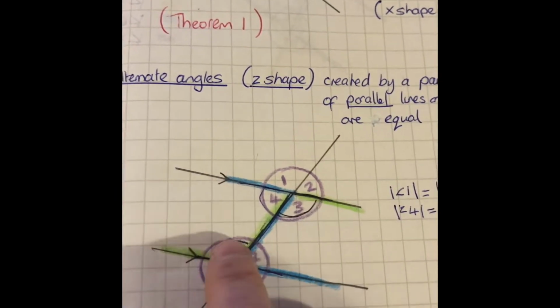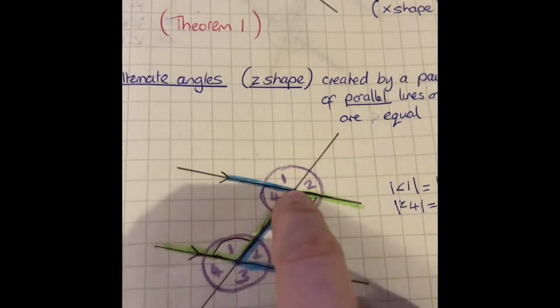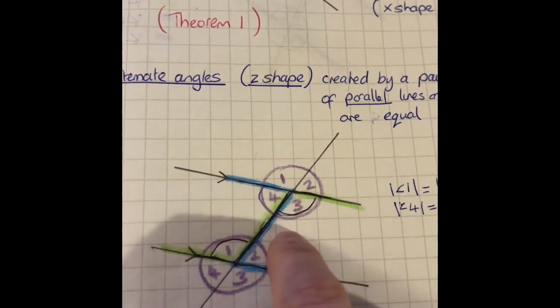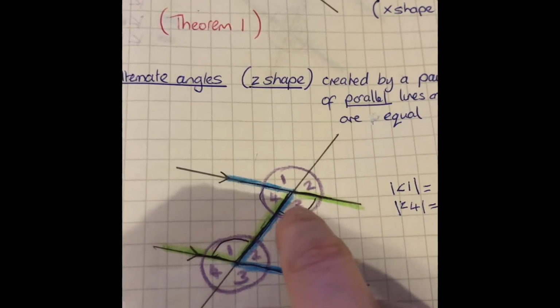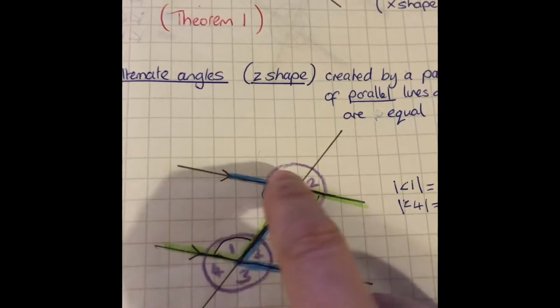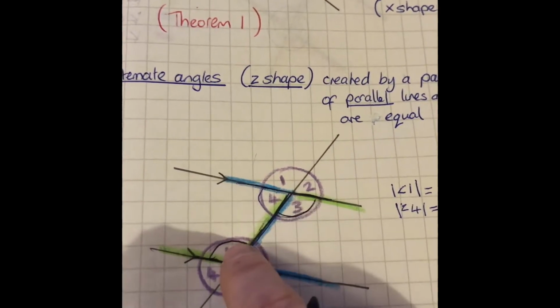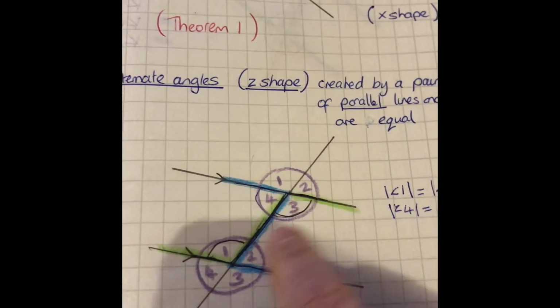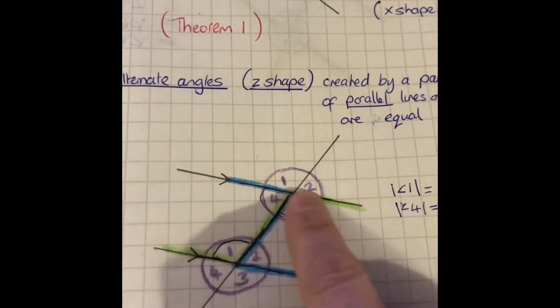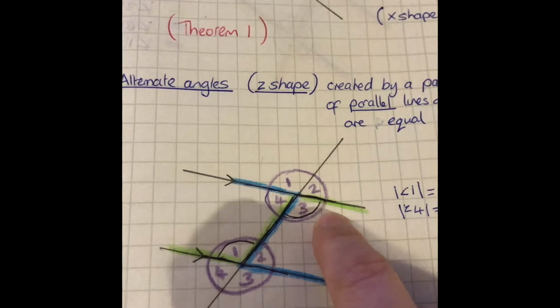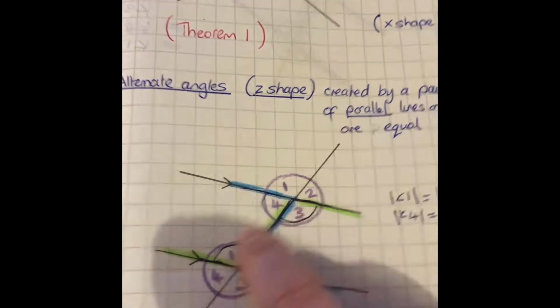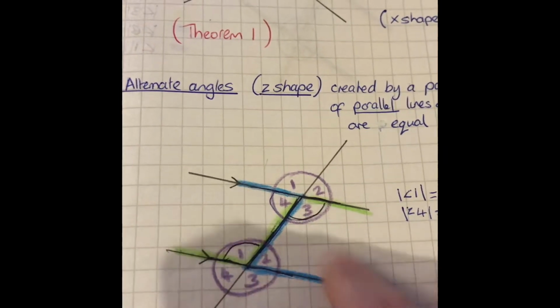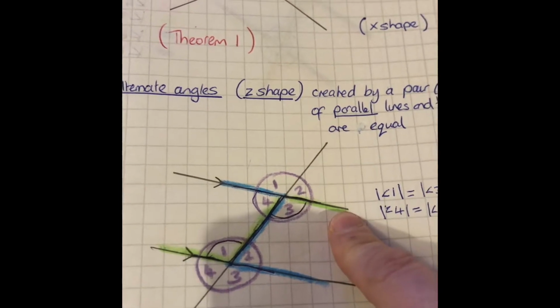If I take this one here, if I take the opposite side of the transversal but still inside, across, so this one's below, this one's at the top, so it's created this Z shape. So they're alternating this side and that side. And if those two are equal in measurement, then those two lines must be parallel.